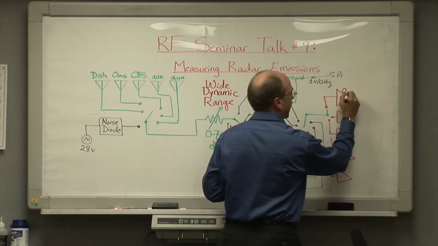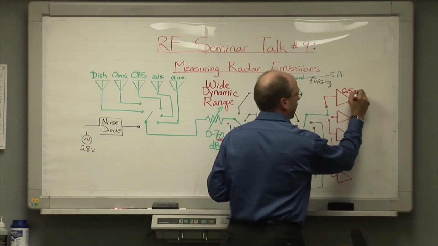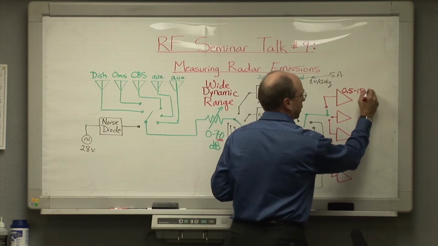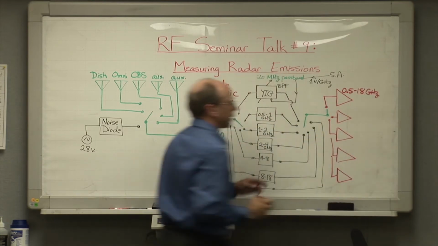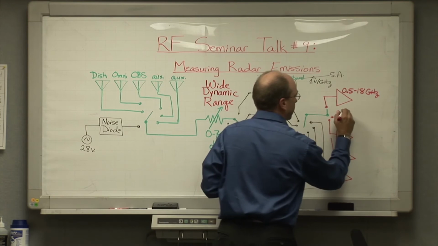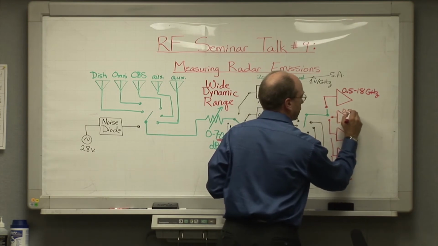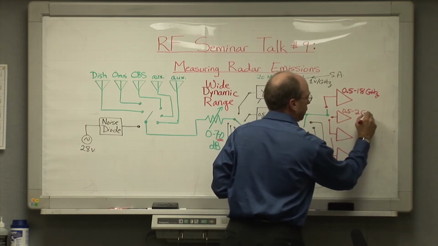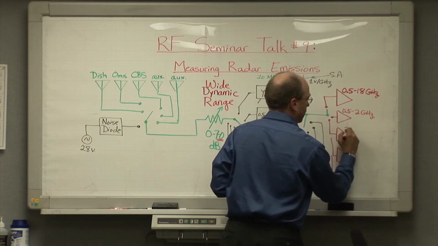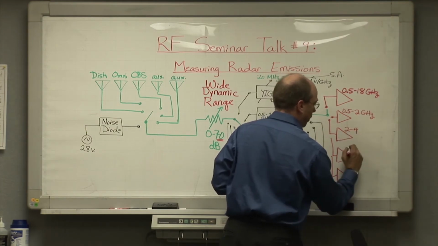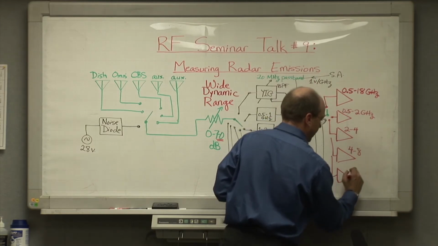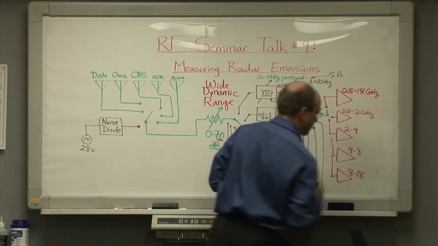We might, in fact, have something like a 0.5 to 18 amplifier, something that's really wide, and then we might have some other amps that go something like 0.5 to 2, and then maybe 2 to 4, and then maybe 4 to 8, and then say 8 to 18.